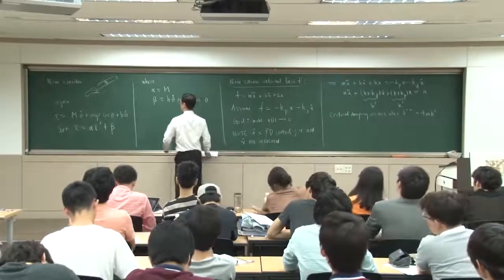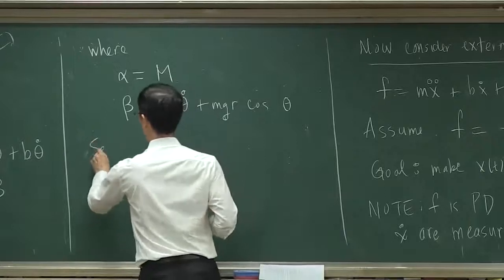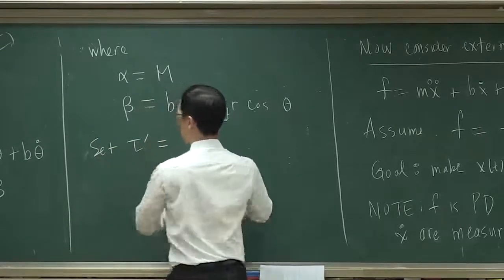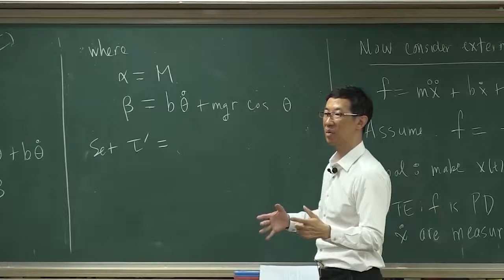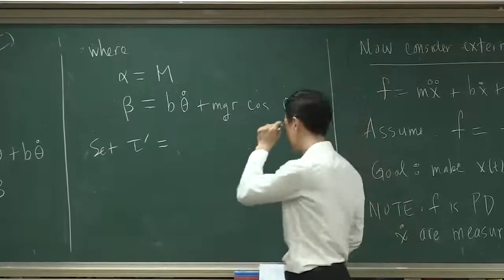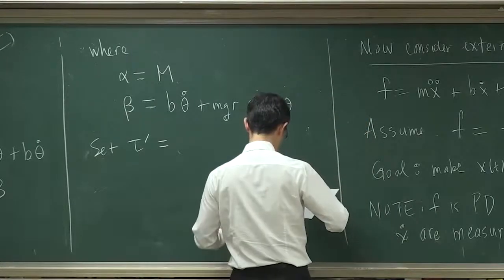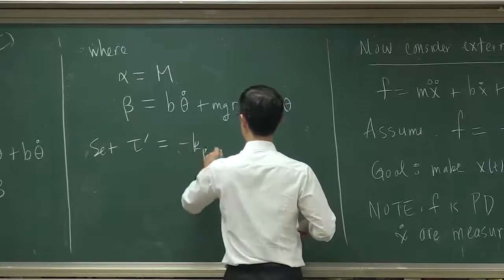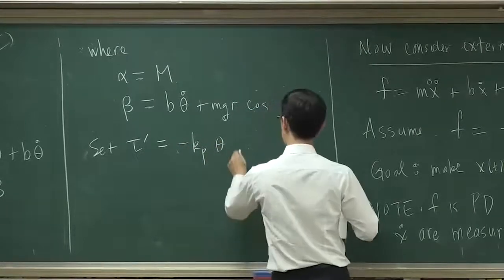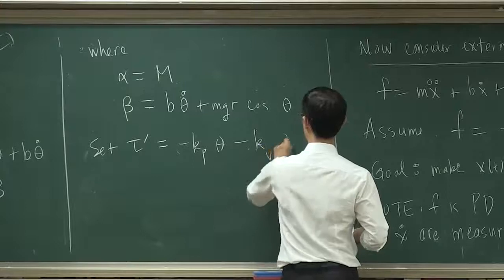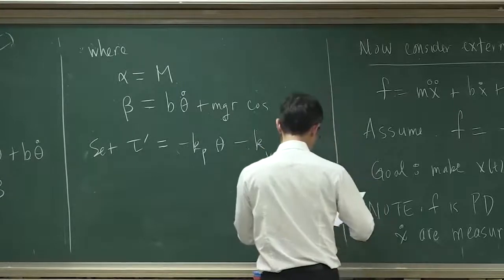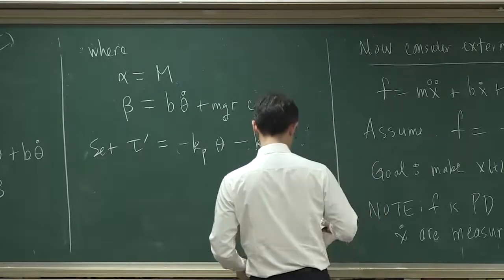And then we choose tau prime, the control, to be PD control. So this would be minus Kp times theta minus kV times theta dot.